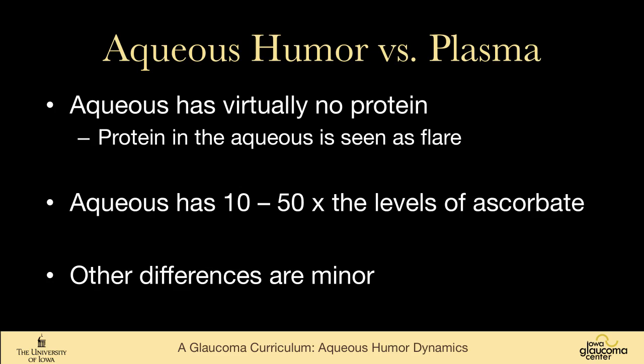But normally you cannot see the light beam traversing the anterior chamber because there is no protein in the aqueous, or very little. If you have inflammation, then the blood-aqueous barrier breaks down, and that obviously changes that dynamic. The aqueous has 10 to 50-fold the levels of ascorbate that the plasma does. And then there are tables of all the other differences, but they are relatively minor.